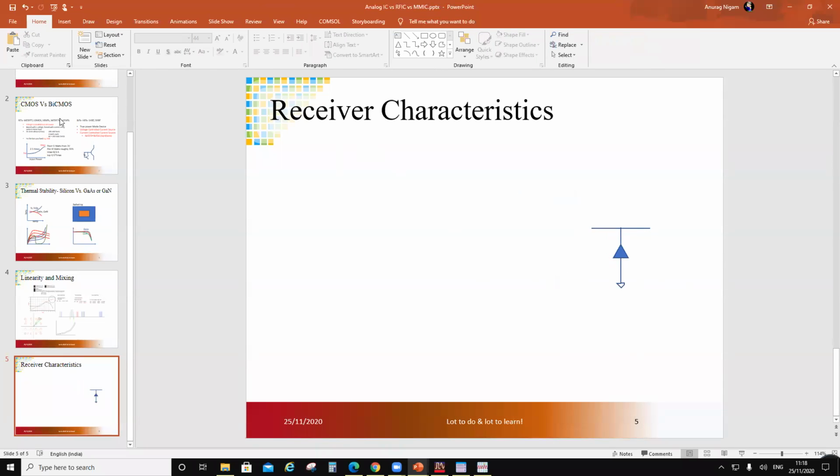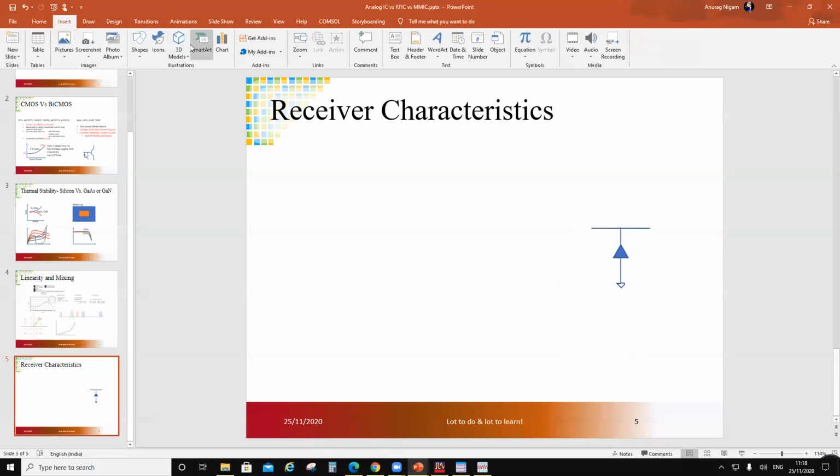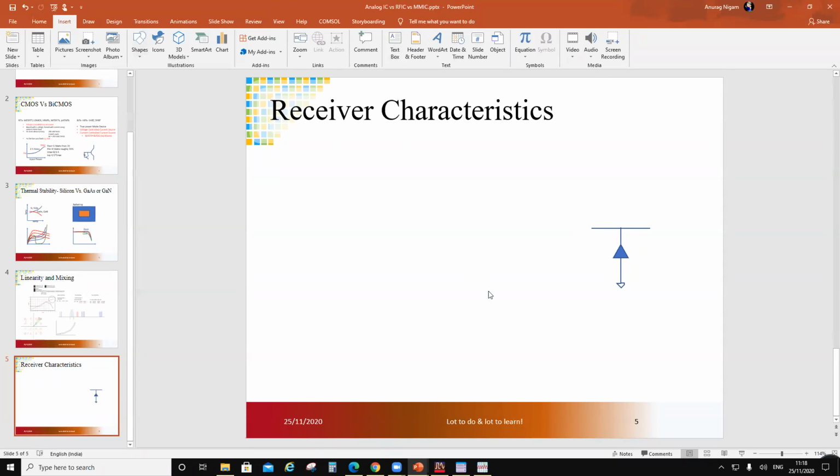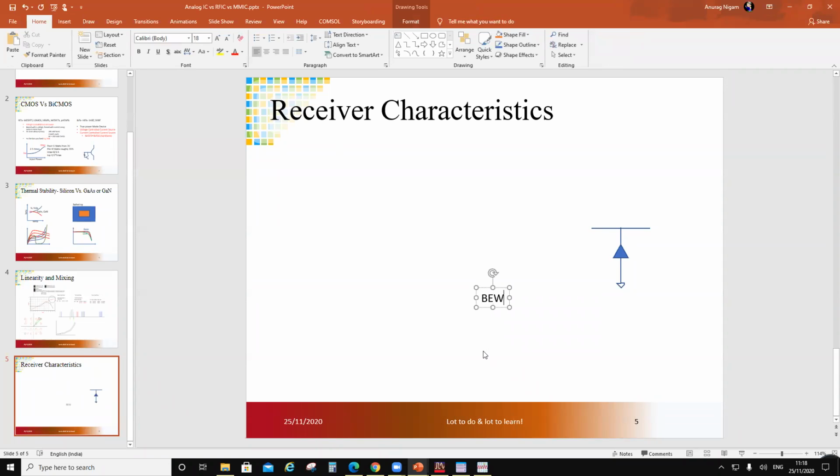So for a certain bit error rate, my system says that I can tolerate a certain bit error rate. So for a given bit error rate for this detector, there should be a minimum signal to noise ratio.